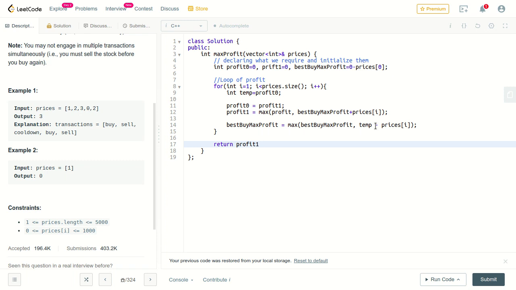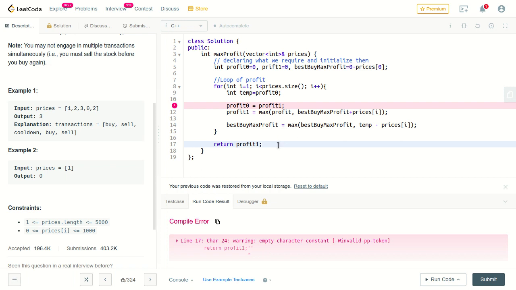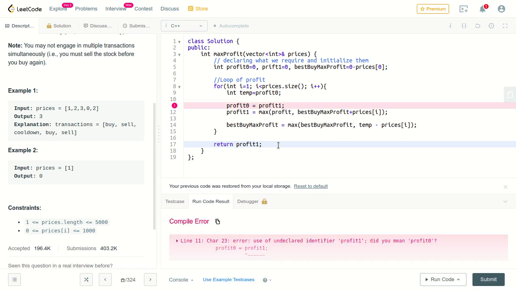That's it guys. So let's see if it works. Sorry, what was it. Profit is equal to profit 1. I did mean profit 0, right?